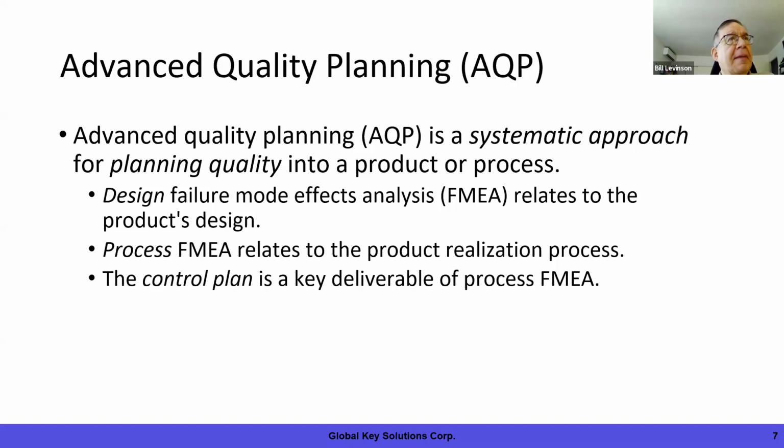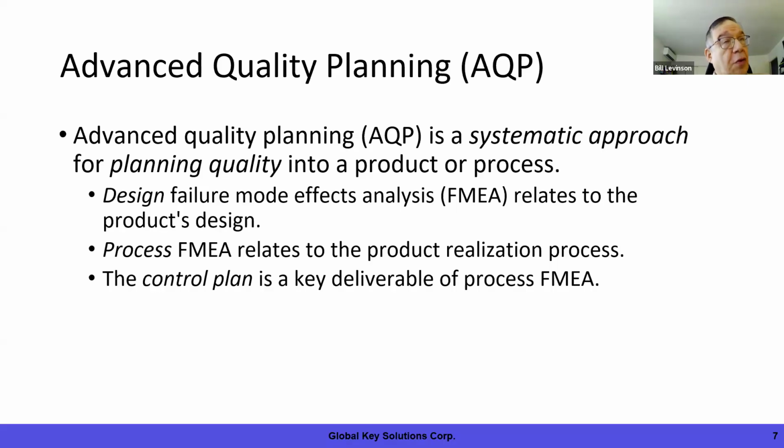Advanced quality planning is a systematic approach for planning quality into a product or process. I don't have time here to go into failure mode effects analysis in detail. Let's just say it's an extremely important process. Hopefully we can do it in a future presentation. FMEA is one of the ways in which a pharmaceutical company can do proactive risk analysis, identify risks, and mitigate or eliminate them.